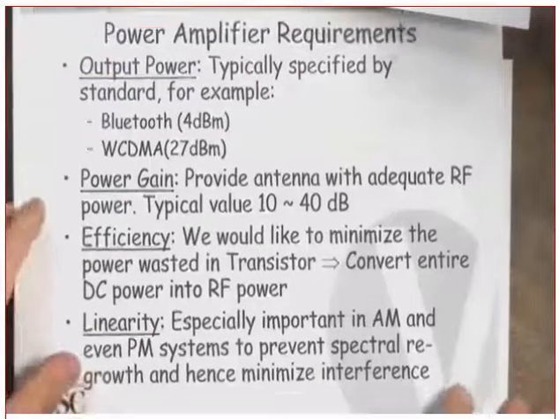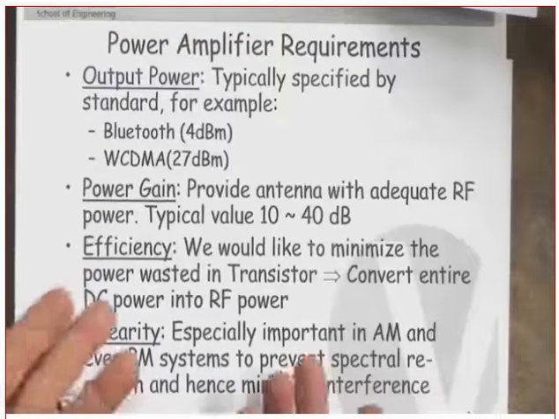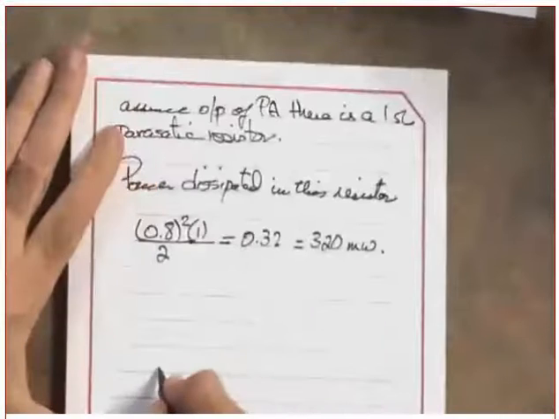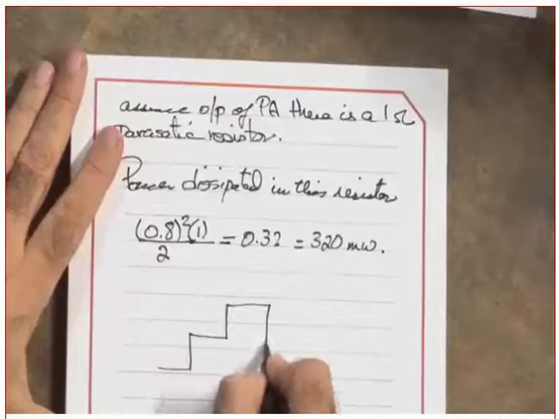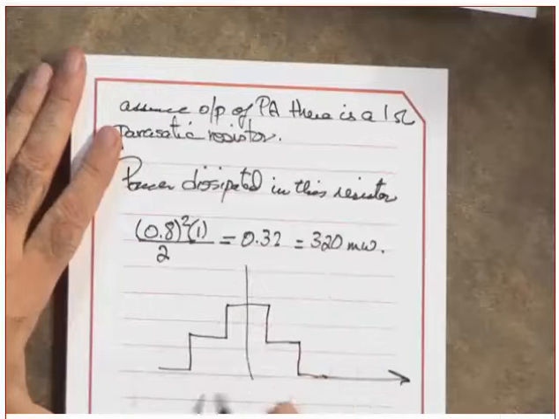Clear? Okay. By the way, another measure of the linearity is to look at what is known as the emission mask. Remember the emission mask? The power spectral density, which is like a brick wall, like this. I showed it to you earlier in the semester. What am I sketching?